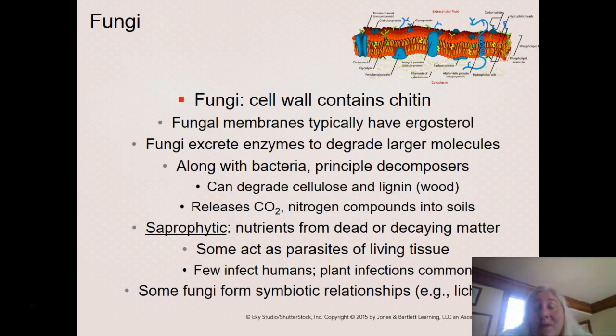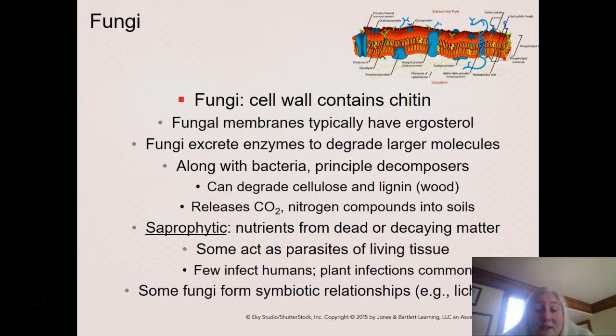Chitin is also what makes the exoskeleton of your arthropods, a very hard outer structure that protects insects and spiders and mites. Fungi also have a molecule similar to cholesterol, but it's known as ergosterol. It's their form of the cholesterol in the plasma membrane that helps to stabilize and strengthen that plasma membrane.